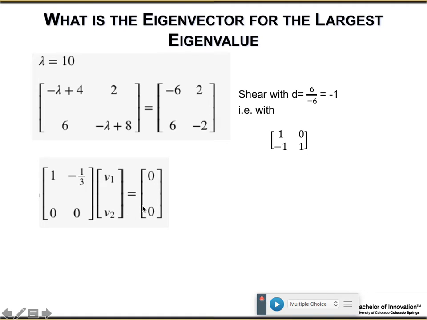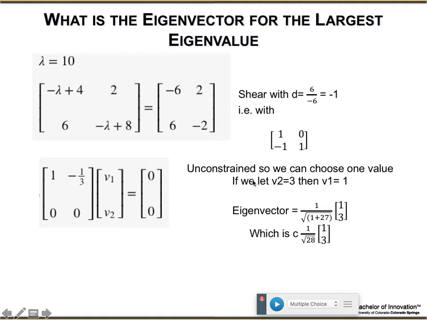And that gives me, again, a choice. So it's unconstrained. In this case, I like to choose something that makes it easy. I'm going to put in V2 equals 3, because when I look at this, I see the 1/3. If I put in a 1 here, I get some other complicated number up there. If I put in a 3, I get a 1 for that one.